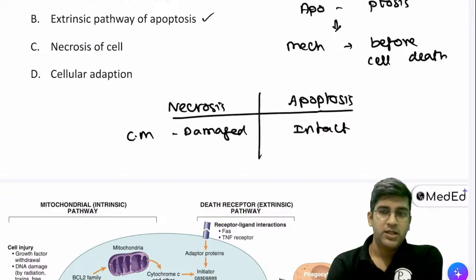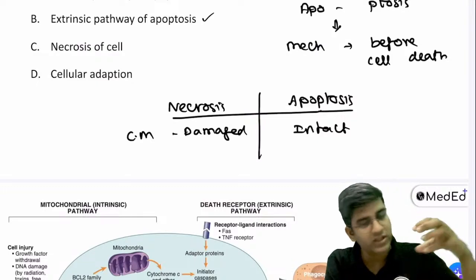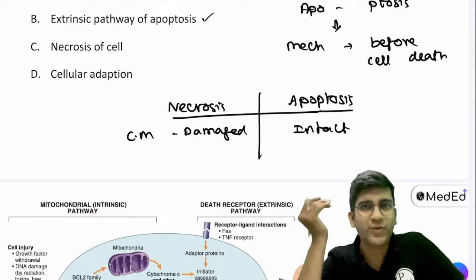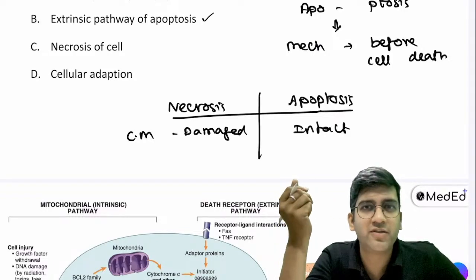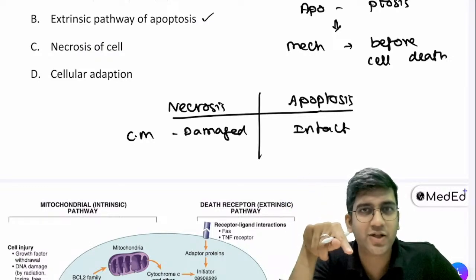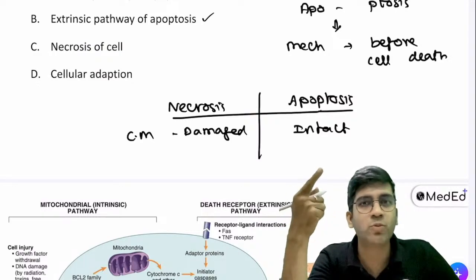Second thing, if cell membrane is damaged in necrosis, can I say intracellular contents can come outside? Obviously. That's why you use troponin for a myocardial infarction. Troponin is an intracellular content of cardiac myocyte. So once it's having infarction, troponin becomes more in the blood.